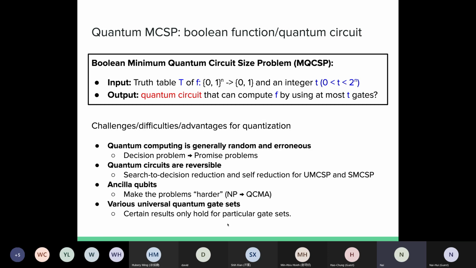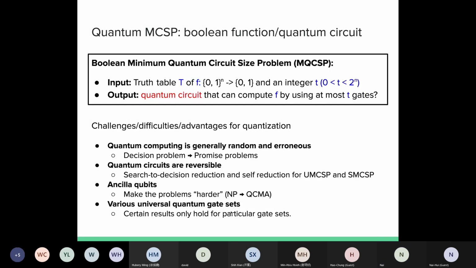So that's another interesting phenomenon in the quantum setting, because classically you just consider AND, OR, NOT, or just NAND, something like that. But in the quantum setting, you need to consider lots of different cases. So those are the three interesting facts we found when we studied the quantum version of the MCSP problem. And most of our results come from these three observations.